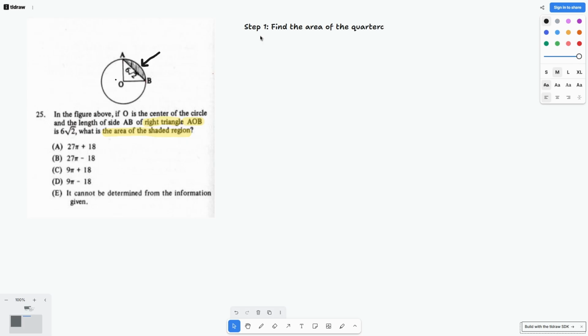And a quarter circle is just a fourth of a circle. A quarter circle in this case is just this portion of the circle right here. All right, the second step is going to be finding the area of the triangle, triangle AOB specifically.